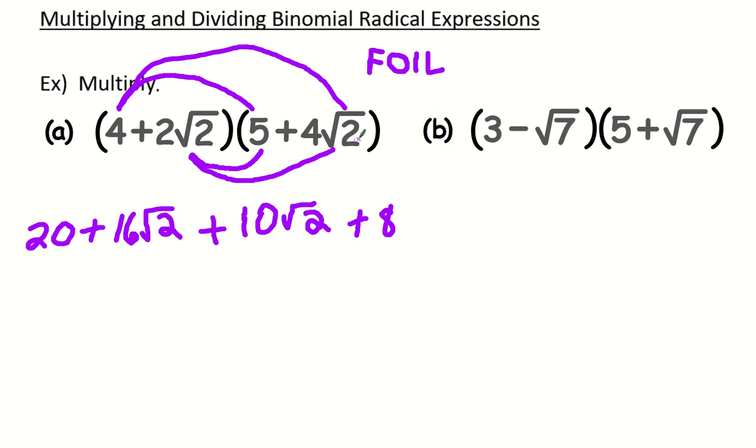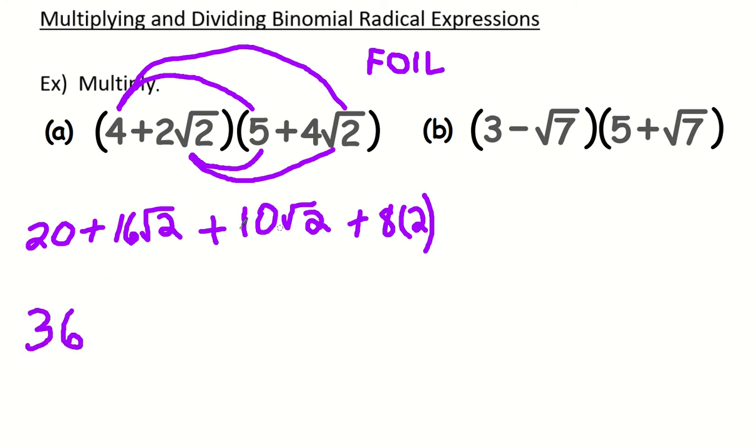Root 2 times root 2 is really root 4, but ultimately that's just 2. So this can be cleaned up a little bit. First of all, 20 plus, okay, what this really is 16. 8 times 2 is 16. So 20 plus 16 is 36.